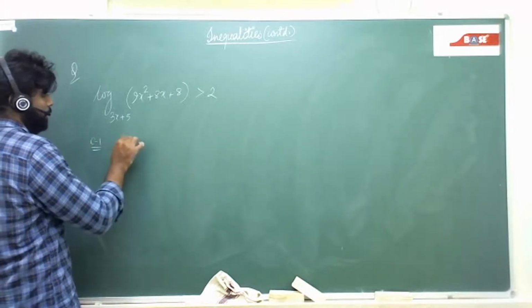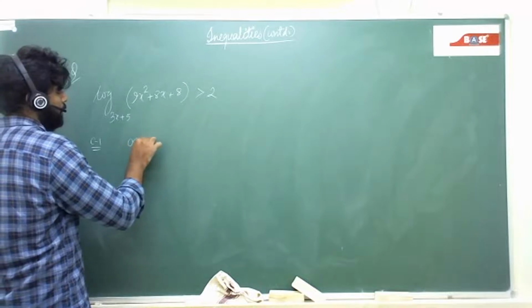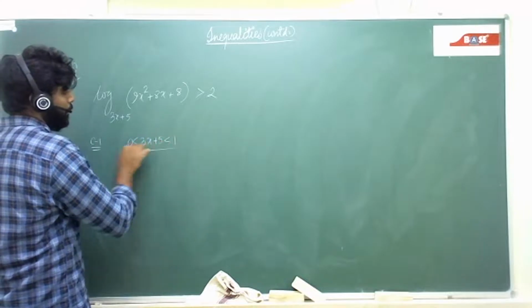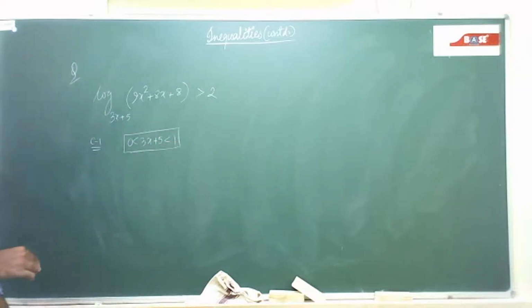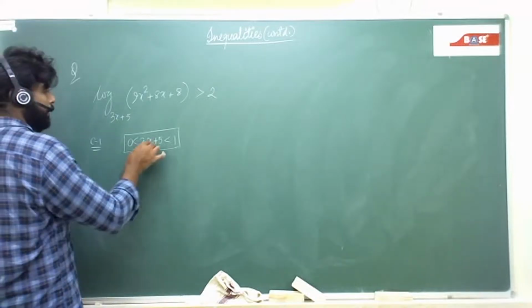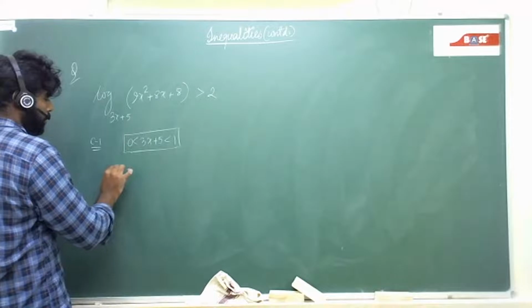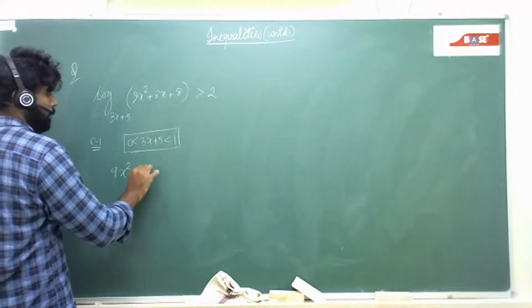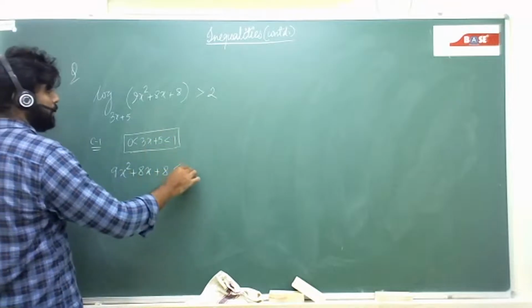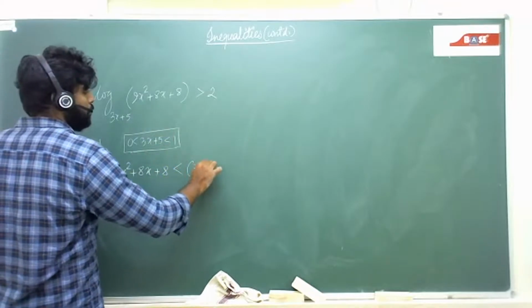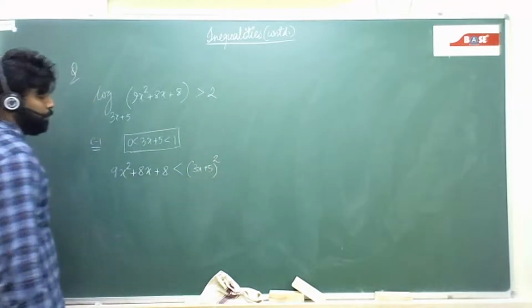First one, the base is between 0 and 1. Let's just see what happens in that region. So now, if it is in that region, if you take antilog, 9x square plus 8x plus 8 is less than, the inequality sign will change, 3x plus 5 raised to 2.